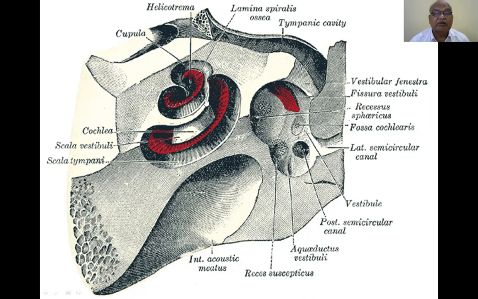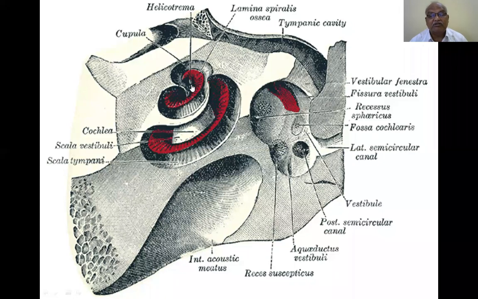The scala vestibuli and scala tympani are connected with each other at the top, where I have pointed with the cursor. That is called helicotrema. So the cochlear turning is divided by the spiral lamina, starting from the apex of the cochlea, into scala vestibuli above and scala tympani below.